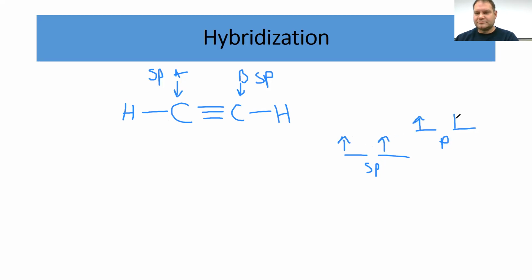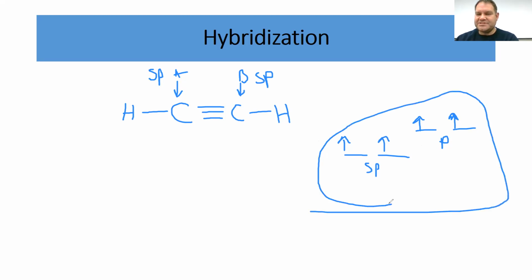Okay, so that means that we can form a sigma bond here and a sigma bond here, and then we can form 2 pi bonds. And we need to form 2 pi bonds to create our triple bond, right? So this is for both carbons. Okay, so this is the hybridization that is occurring between both central carbon atoms, right?